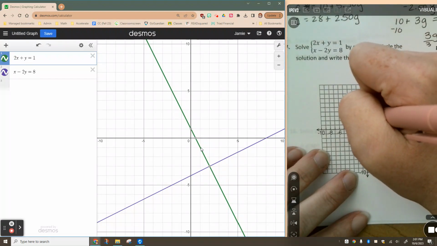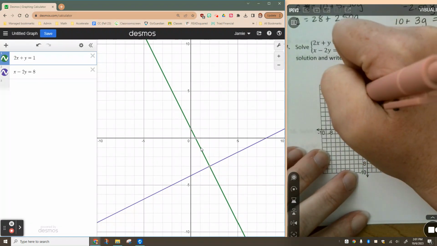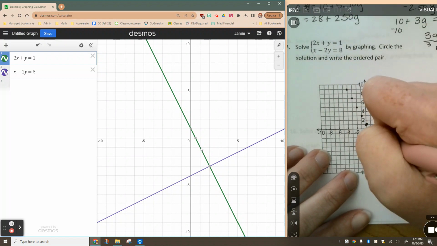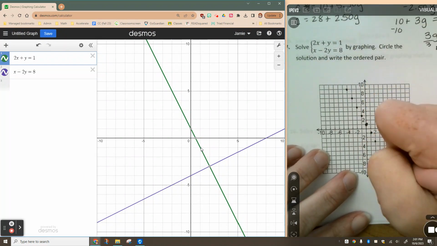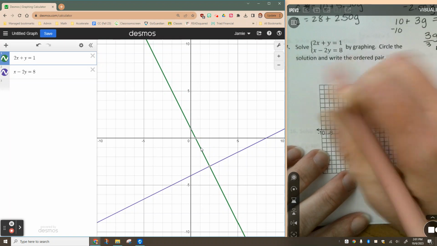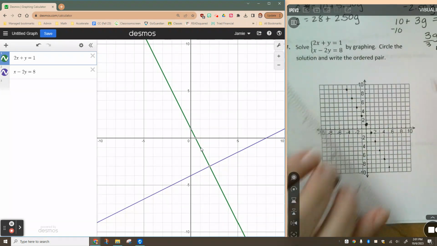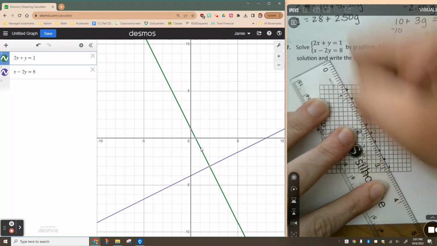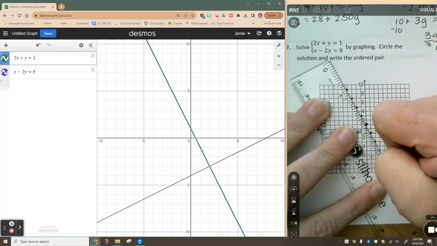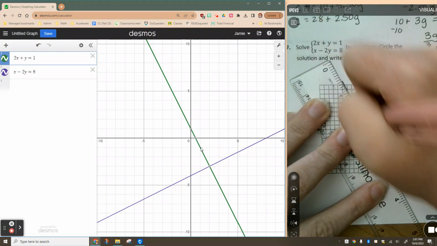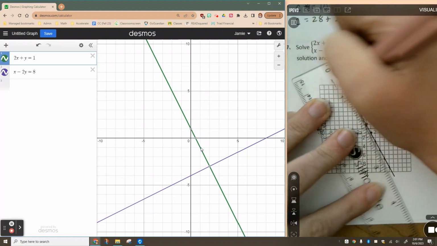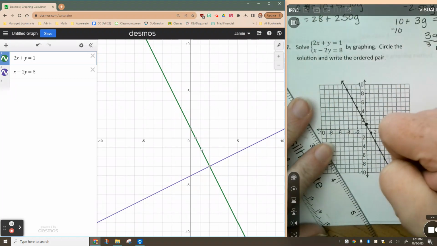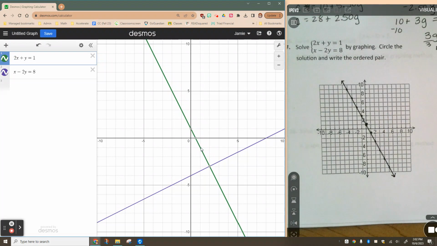So we have a slope of what looks to be -2. And you could always make an XY table and plug numbers in. You can use Desmos. I really encourage Desmos. That's been the easiest thing to do here.